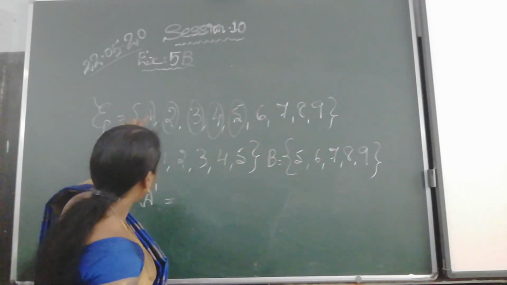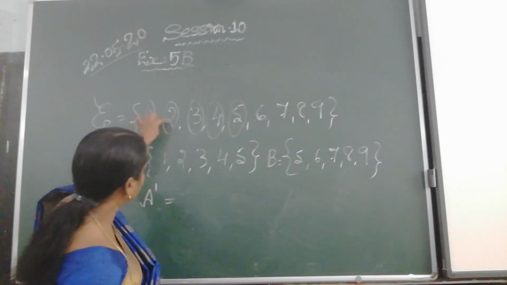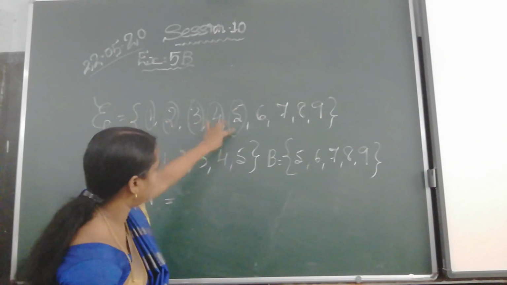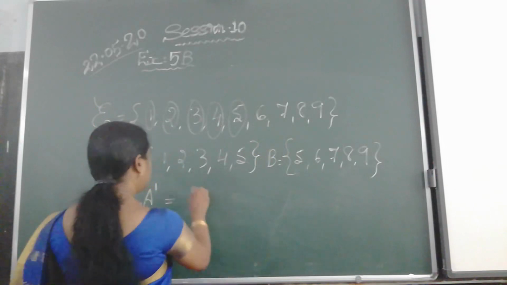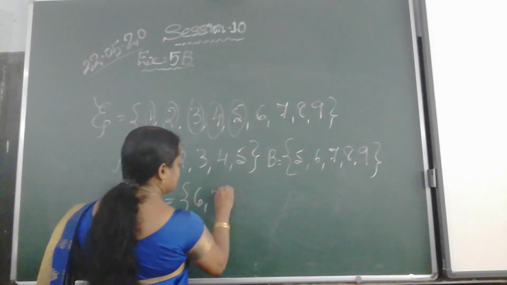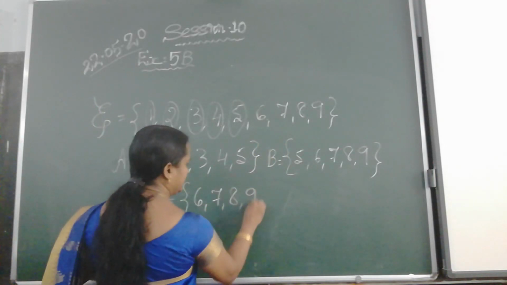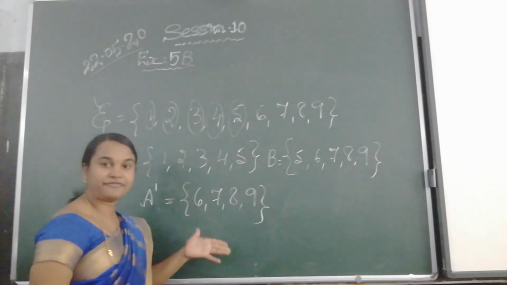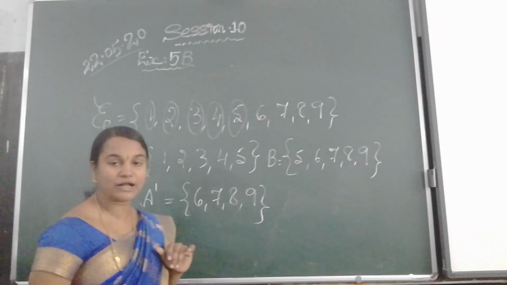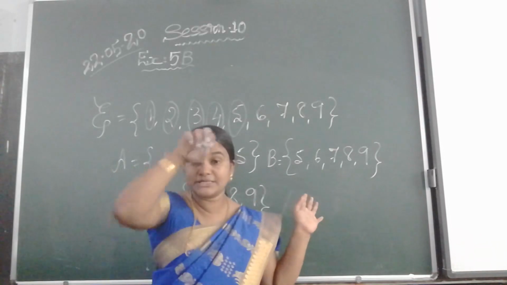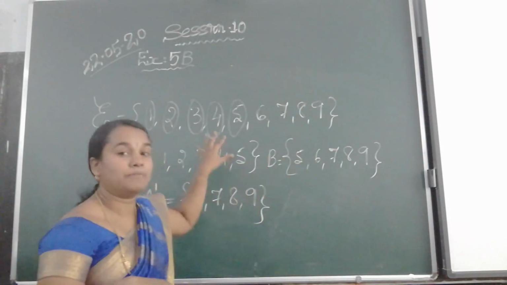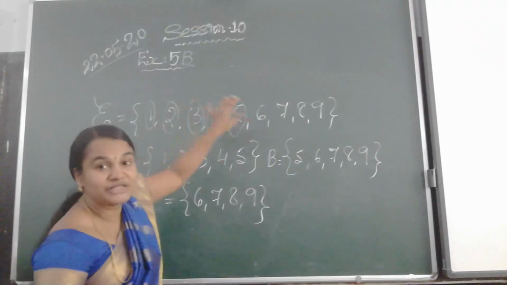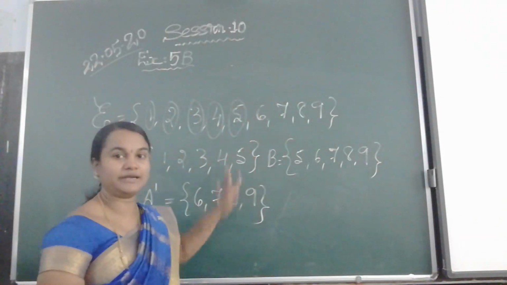These we need not write. The left part, 6, 7, 8, 9, is what we write, and that is A complement. Just as in A minus B we write the part left in A, here we write the part left in the universal.